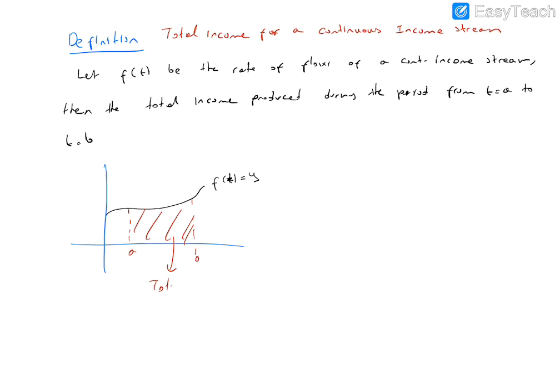So the total income from a to b, this area, is the total income. So mathematically, how can you find this total income? The total income equals the integral from a to b of f of t dt.